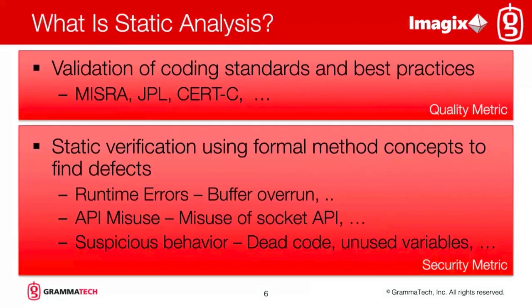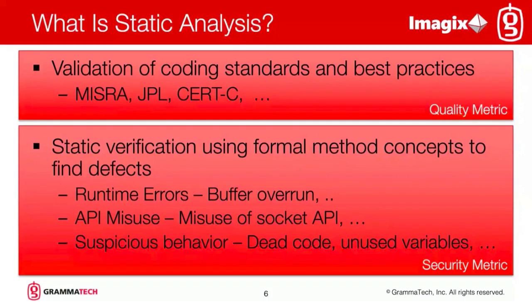There really are two very different metrics that static analysis helps you deal with. And people typically compare that as the quality metric and the security metric. So the quality metric has to do with how well you have followed coding standards and best practices in the development of this source code.